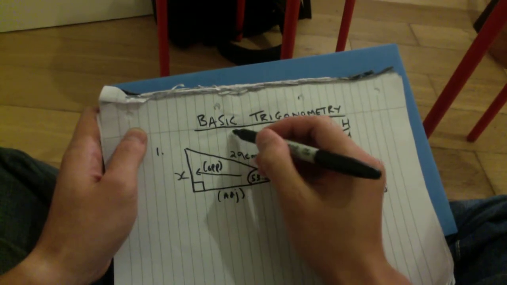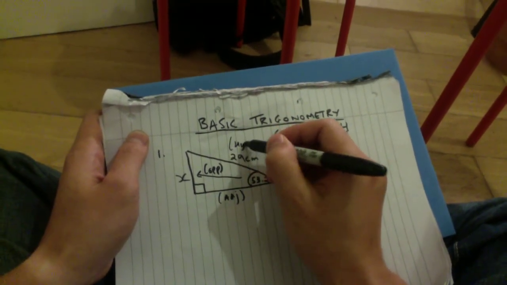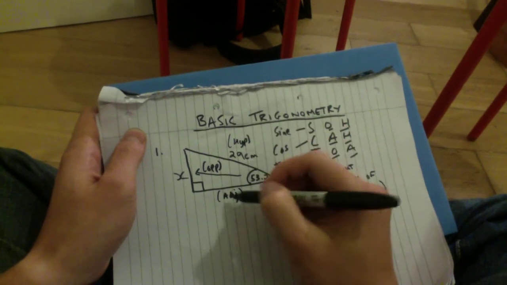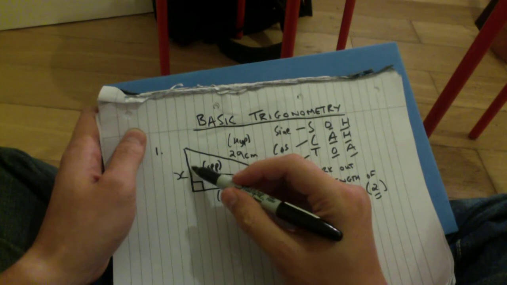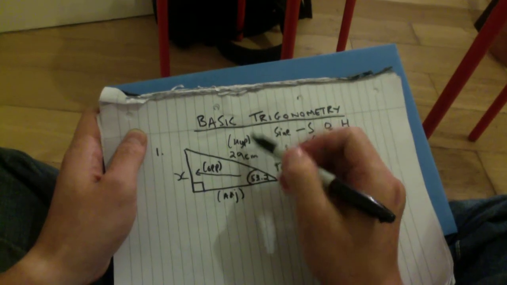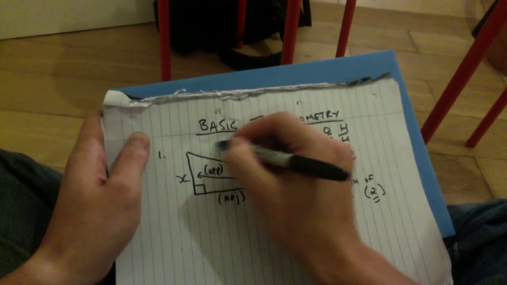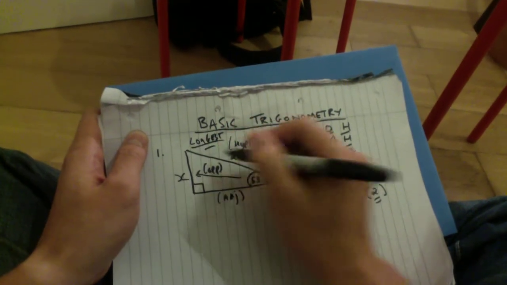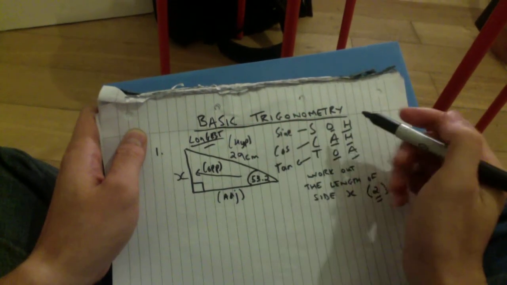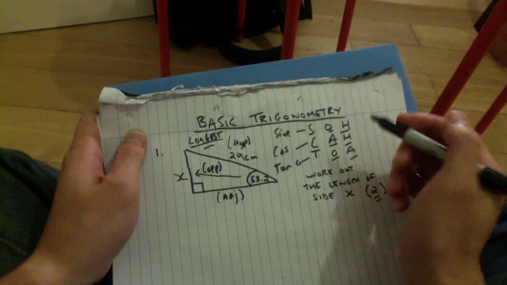And the hypotenuse is this one. But for me, I always leave the adjacent to last because once I've worked out where the opposite is, I always try to work out where the hypotenuse is. The hypotenuse is always the longest side, which you can tell from almost every triangle by sight.